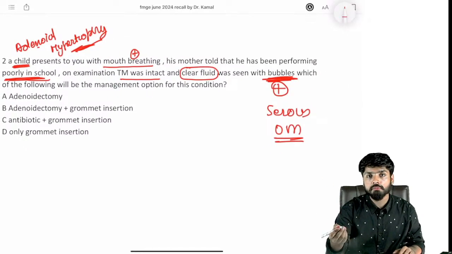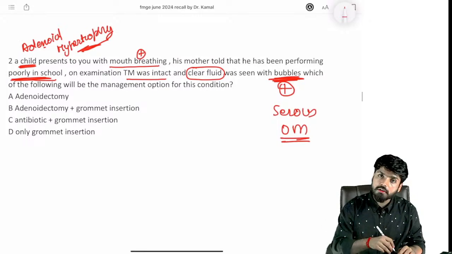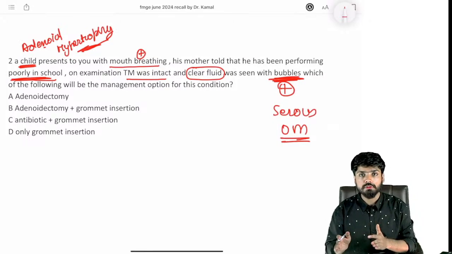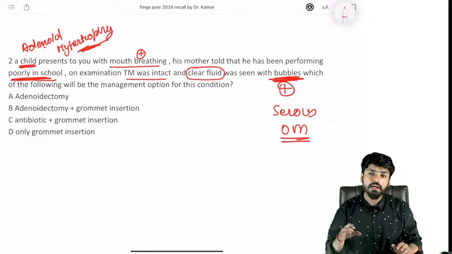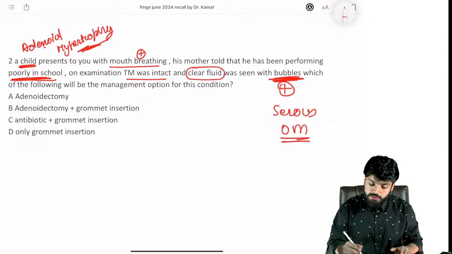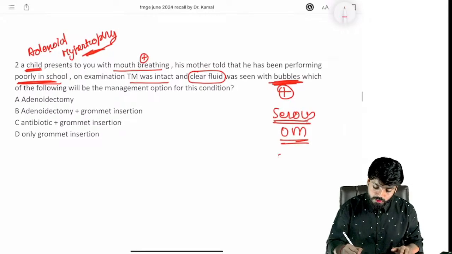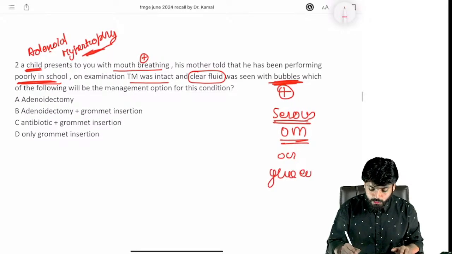Either I remember bubbles in the tympanic membrane directly means serous otitis media, or I can go through the question and make my diagnosis. There is no pain, no red bulging tympanic membrane, so I am not thinking of ASOM. I am sticking to serous otitis media, also known as glue ear.